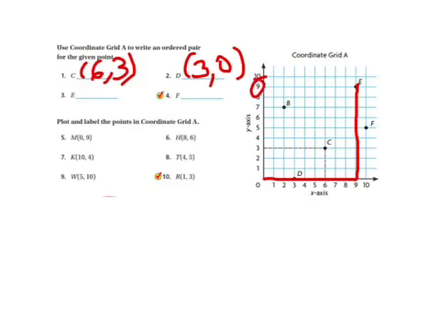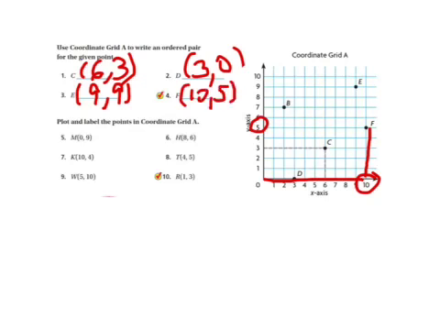So this one is 9, 9. Now we're going to find the coordinates for F, which is right here. To get to F, we travel 10 along the x-axis, and then we go along the y-axis 5 times. So that'd be 10, 5.